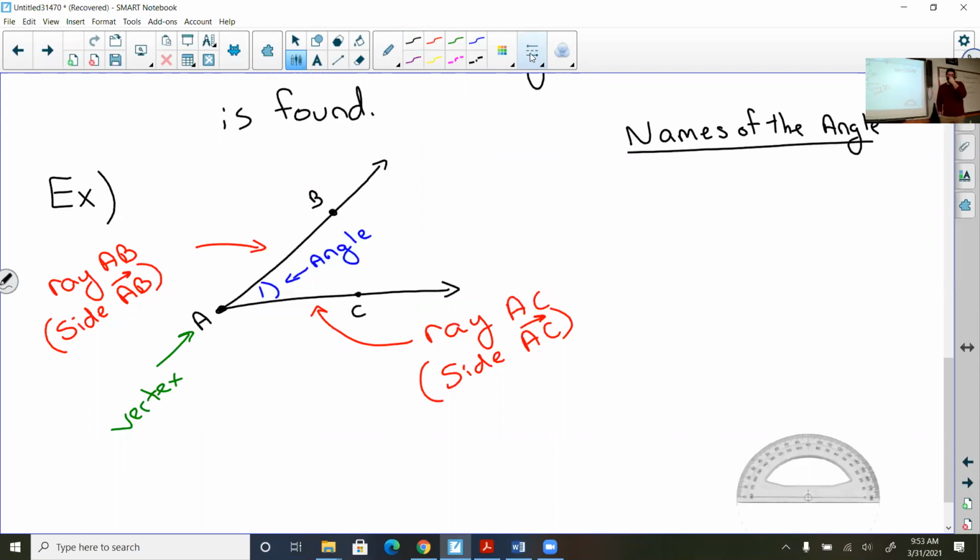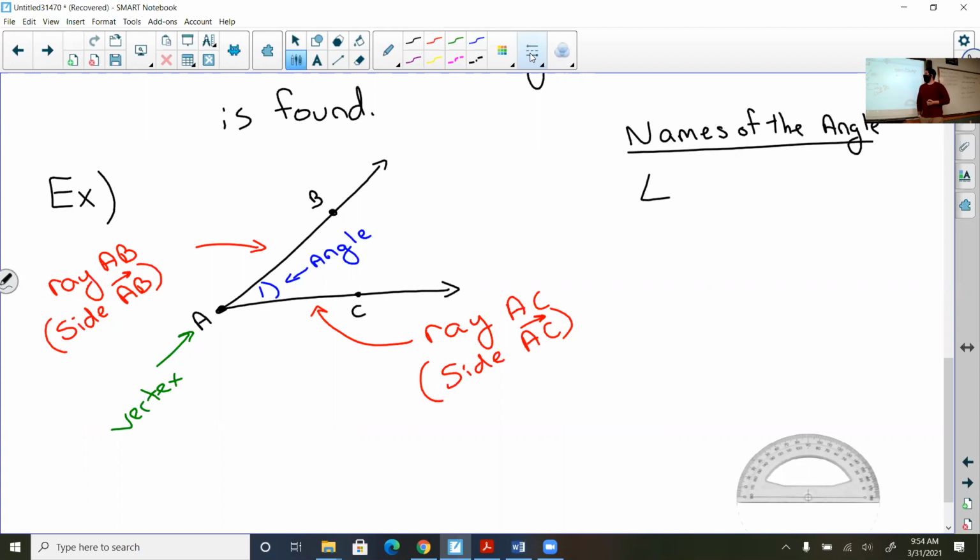So how would I name this angle? Kind of like how I have AC with the ray on top, or AC with a line segment on top, or AC with a line on top, that's a way of labeling. So I know that there are 2 points, A and C, on either a line, a ray, or a segment. We can do the same thing with angles, but there are a few different ways to name an angle.